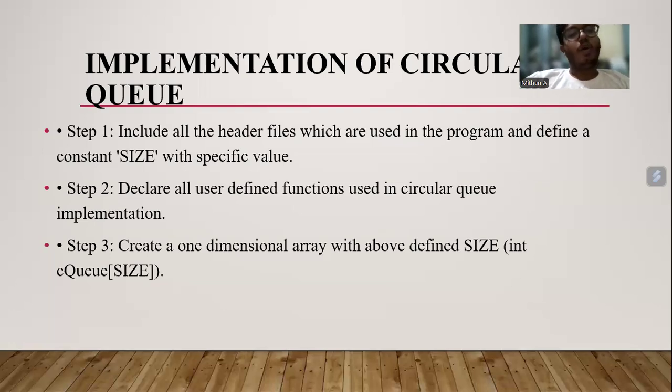Then we declare all the user-defined functions and the primitive data types, and also the functions that will be used for circular queue implementation: insertion, deletion, and displaying. We do not need a peek here, as that is for stacks, not queues.